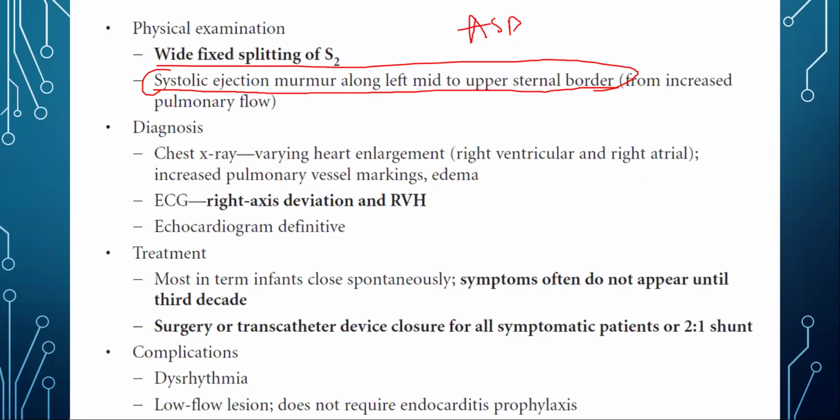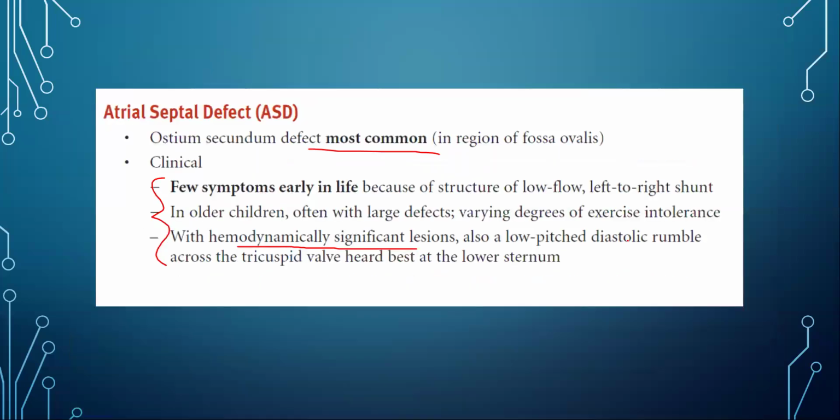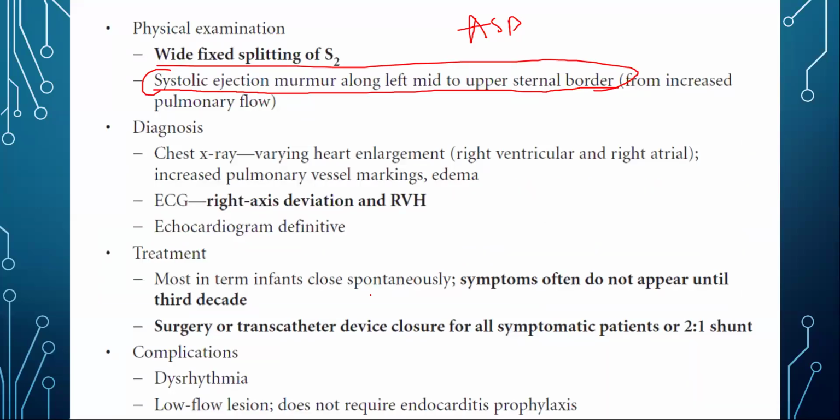So VSD is holosystolic murmur and ASD is ejection systolic murmur. But if it is very large, ASD can also give you a diastolic rumble. So you can get two murmurs, but the main murmur for ASD is ejection systolic.